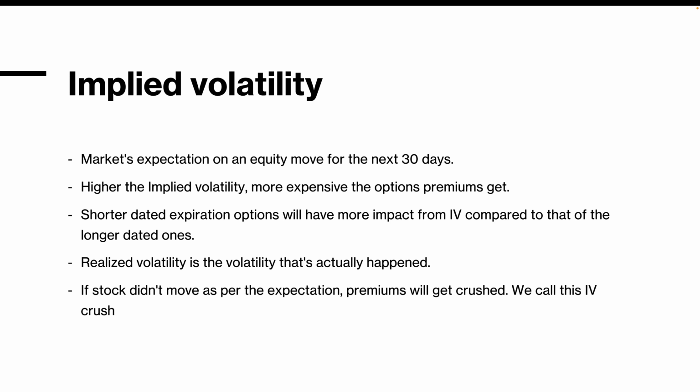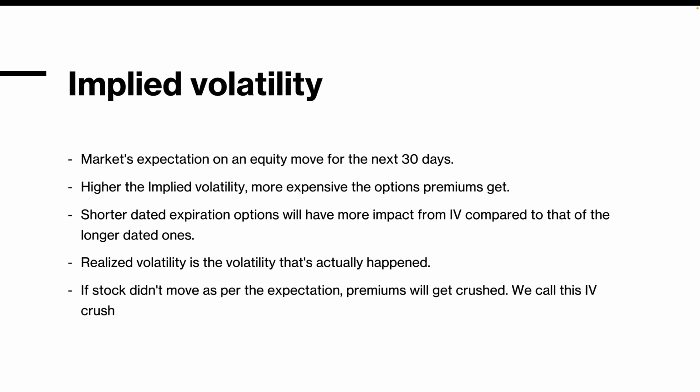Go to any company that is about to report earnings and check out the cost of the premiums for that month or for that week. It is going to be relatively expensive compared to the other days, because the market already priced in the estimated moves for that particular day.